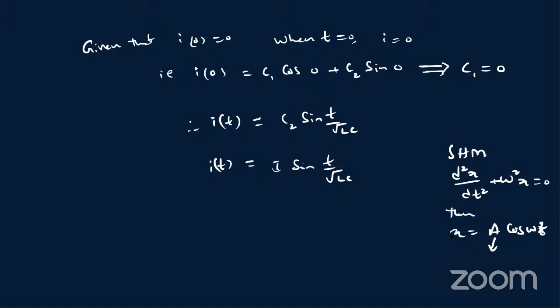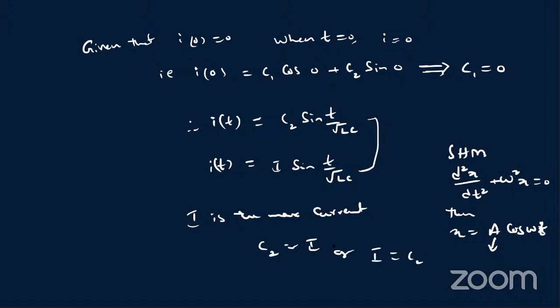Thereby, comparing this solution to our present solution, I of t equal to I into sin t by root LC, we get the maximum current. I is the maximum current, that is given as C2, or I equal to C2. The maximum current which is going in that circuit is C2.